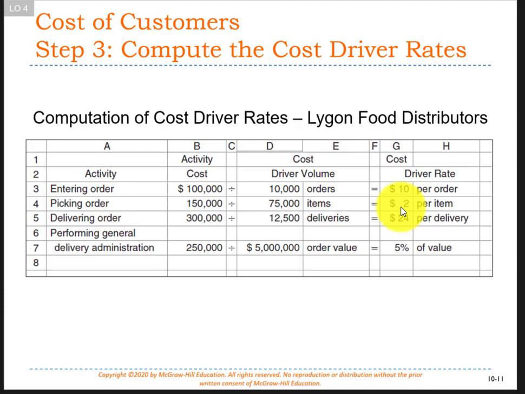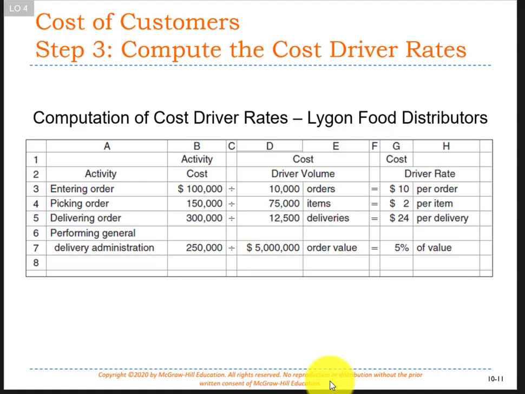And then you'd have the percentage of the value of the order as well. That's the thing that we really can't do a very good job of allocating, except to just pick the percentage of sales. So you get an idea of what we're doing.